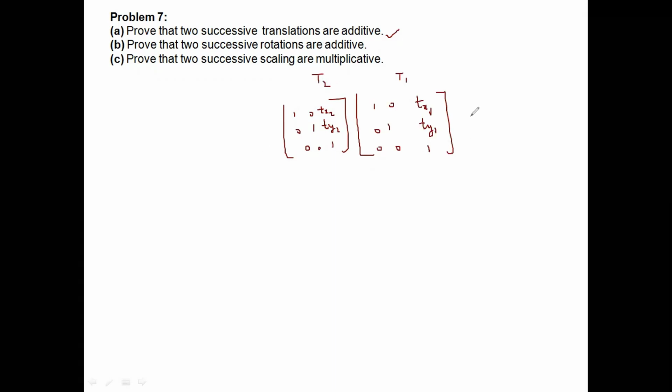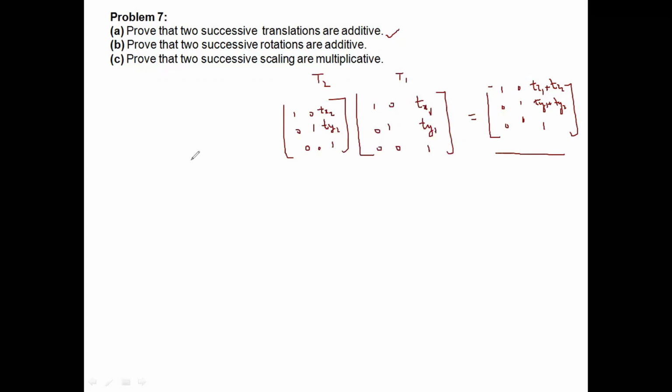Okay, so the resultant matrix will give you ty1, t. Okay, so this will be the resultant matrix.